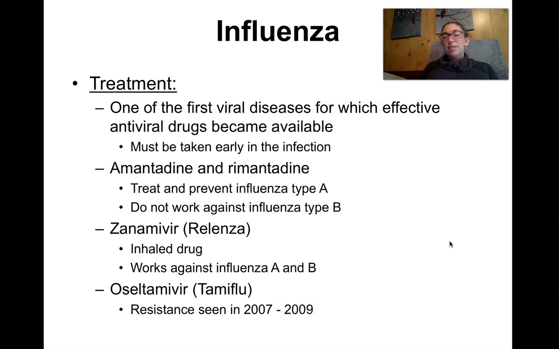But a lot of these drugs are only so effective in severe cases of influenza. They work best if they're given at the beginning of the disease. They really have to be taken early in infection to have an effect. Once you get to severe disease, it's too late for any of these drugs to work. So we're still not great at treating flu.